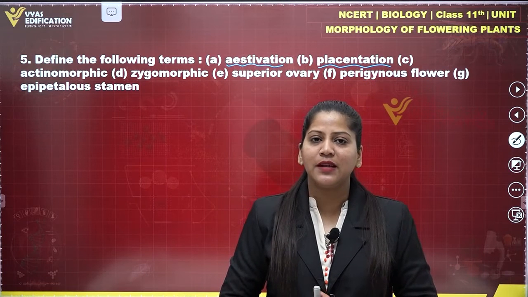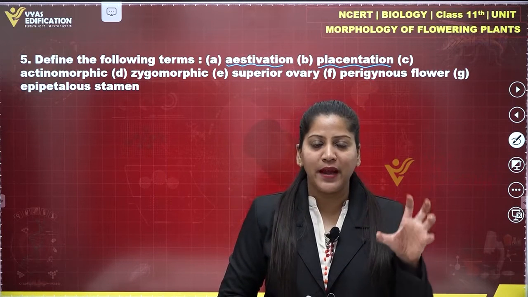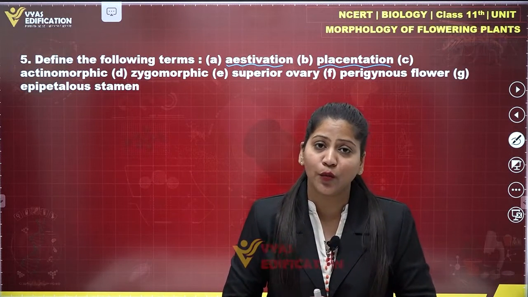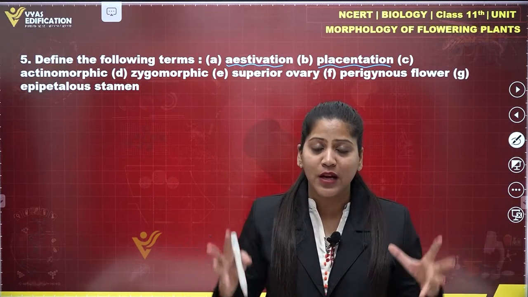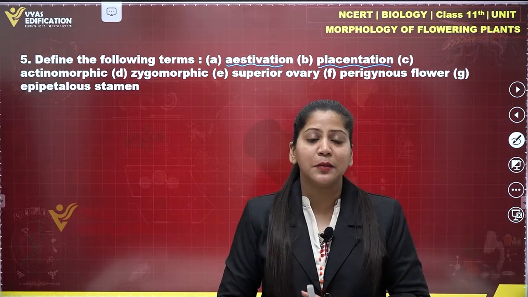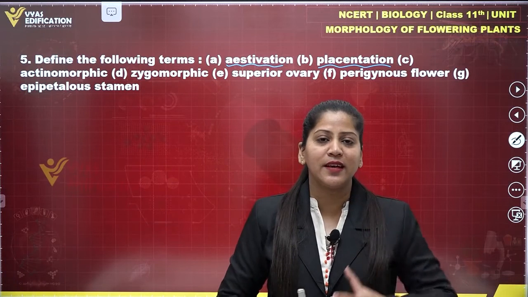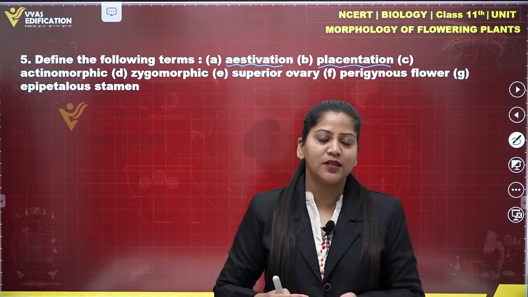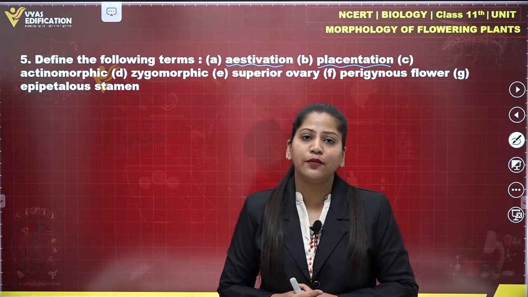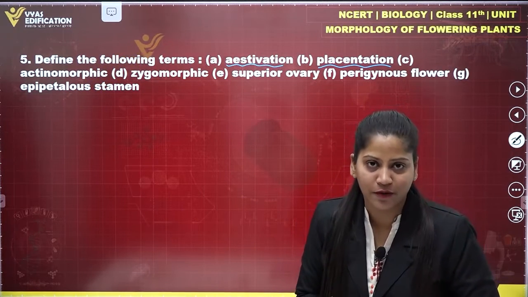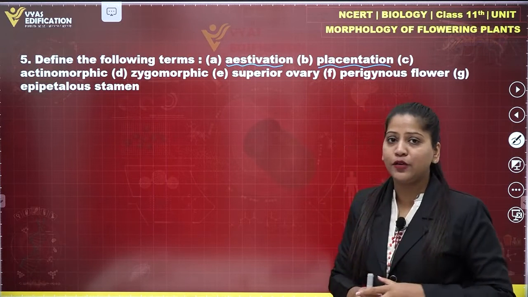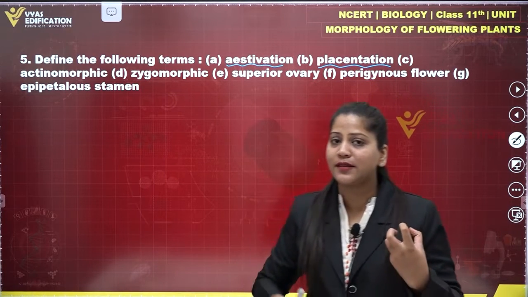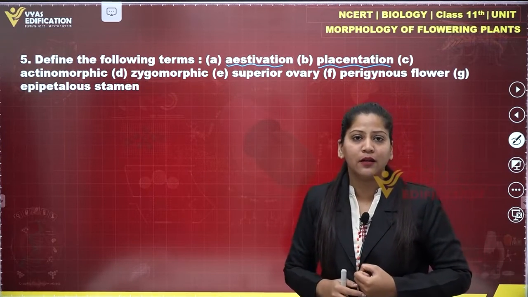Radial symmetry in animals is when any plane passing through the center divides the animal into equal halves. Similarly, if this kind of symmetry is found in any flower, then the flower is said to be actinomorphic. You can compare the radial symmetry of animals with actinomorphic flowers.